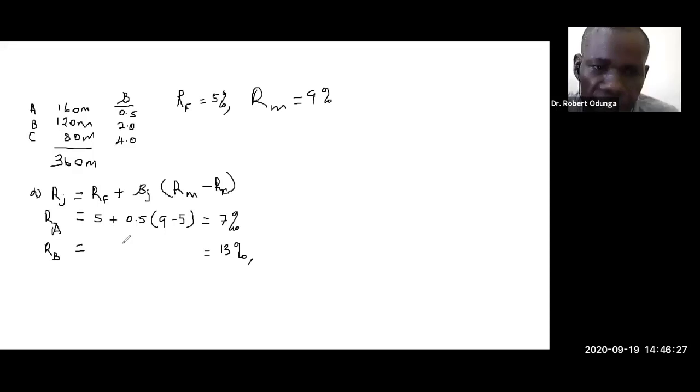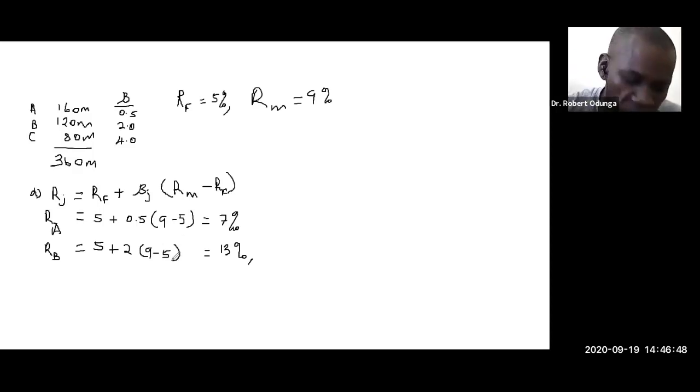It's just the same procedure, all right? Risk-free will remain the same, plus the beta of B is 2 into 9 minus 5. So that would give us 8 plus 5, which is 13. So the answer is 13.